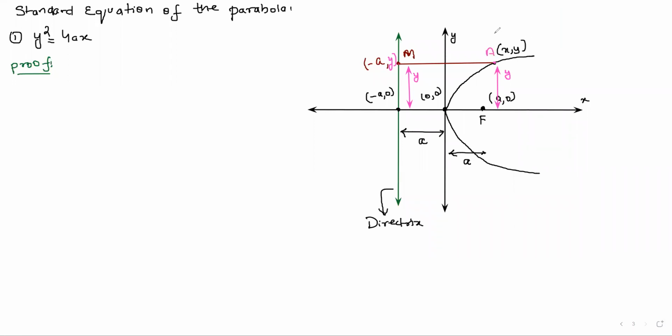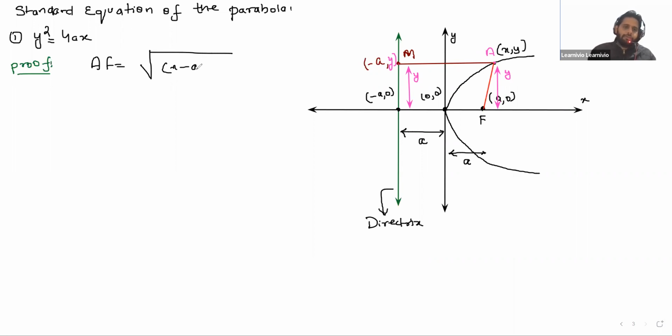Okay, now if we find this distance AF, then we will use the distance formula. AF is equal to under root of x minus a whole square plus y minus 0 whole square.